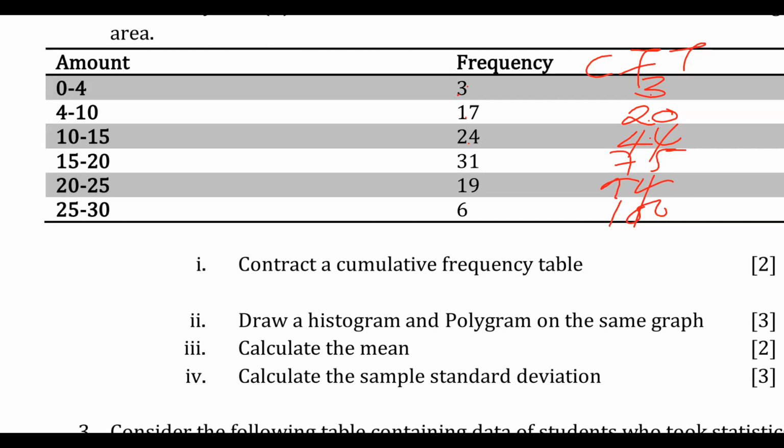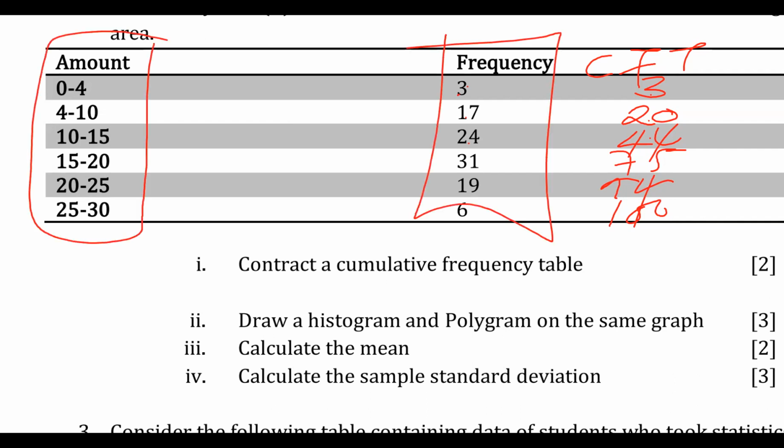It's just a continuation on the other side of the table you already have, because you're summing up the frequencies. You're basically creating another column for the same.